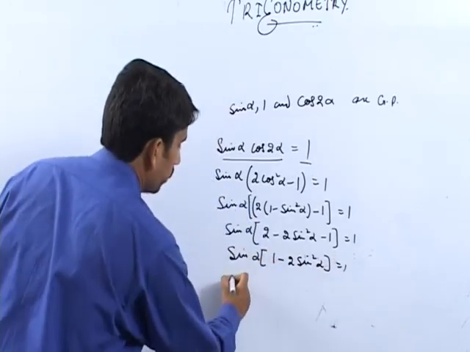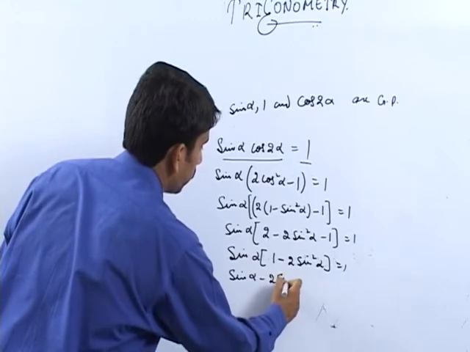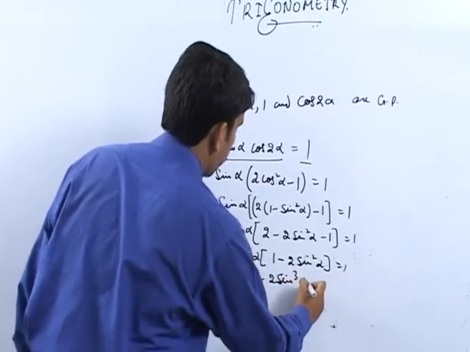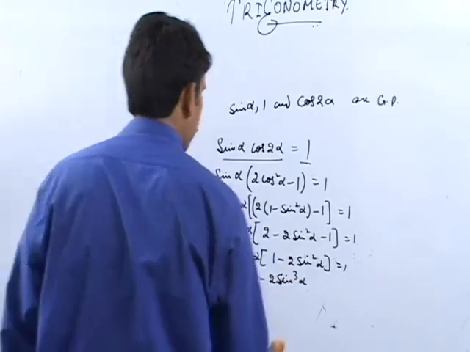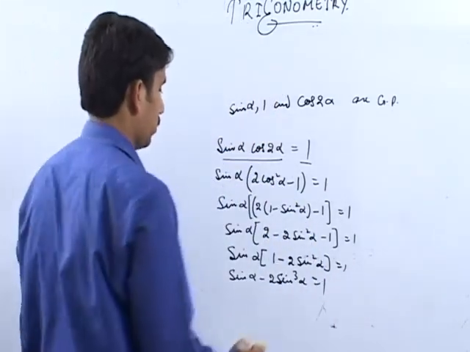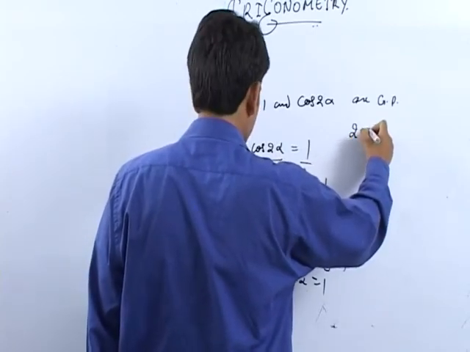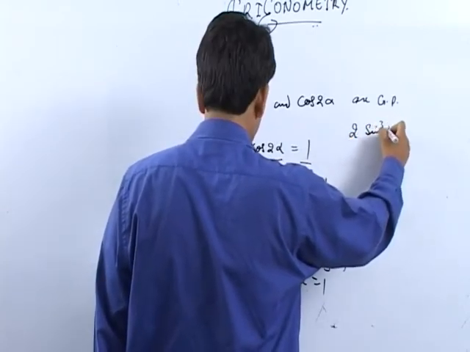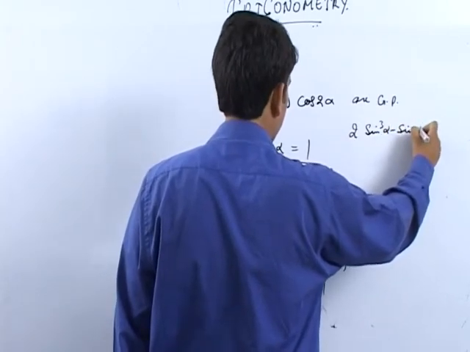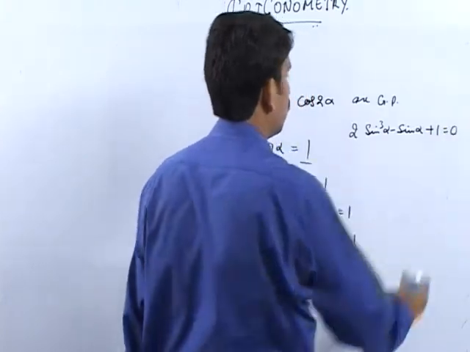This will be sin alpha minus 2 sin cube alpha is equal to 1, and this gives you 2 sin cube alpha minus sin alpha plus 1 is equal to 0.